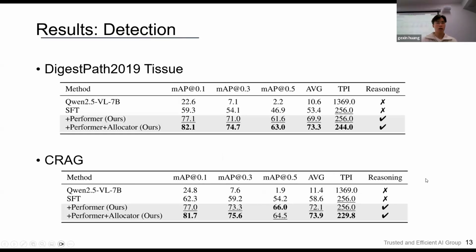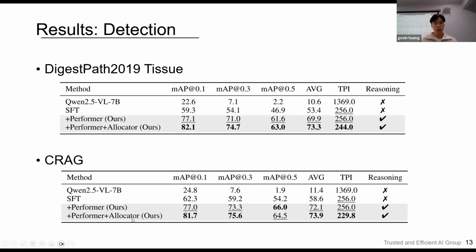And for the detection tasks, they also evaluated on two datasets and found the model with task performance and the allocator can achieve the best accuracy and the lowest TPI.